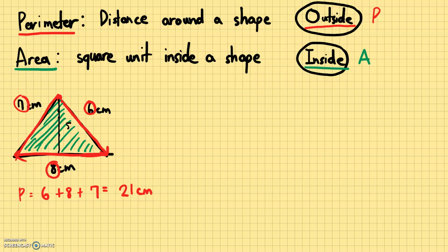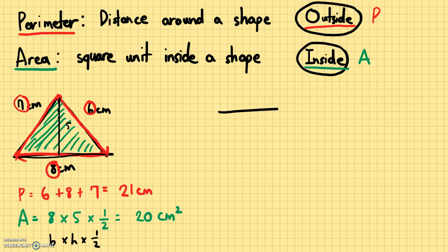And if you multiply the base times the height, and remember, for triangles you need to divide by 2, so you have to do 8, the base, times the height, which is 5, and then divide by 2 or multiply by 1/2. Okay, so that's going to be 20 centimeters squared. B times H times 1/2. Okay, so that's for a triangle.